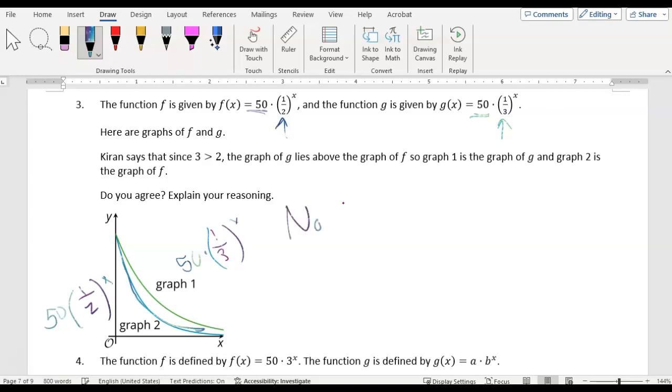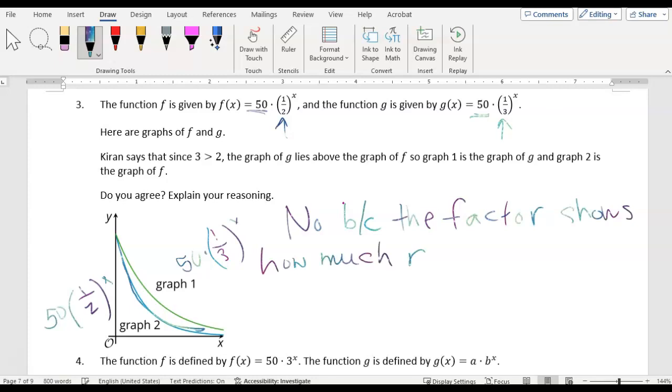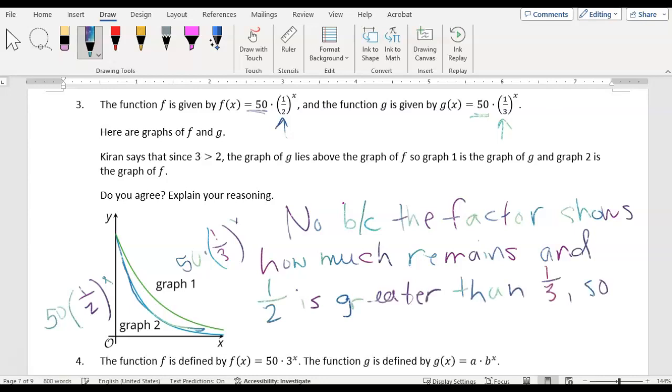So no, because the factor shows how much remains, and 1/2 is greater than 1/3, so f of x is graph 1.